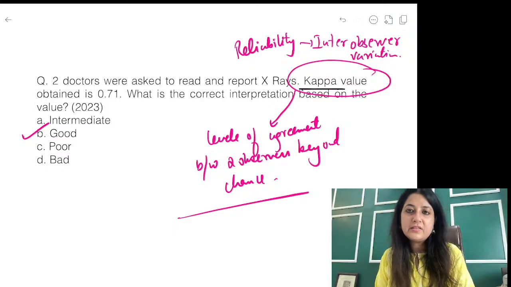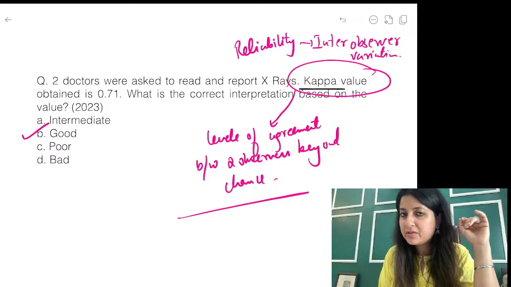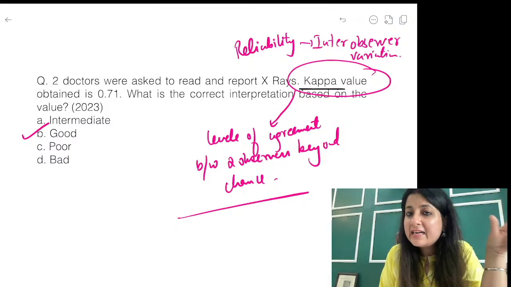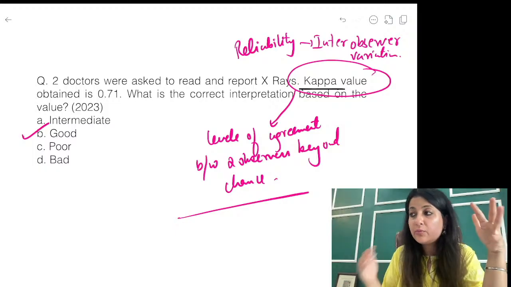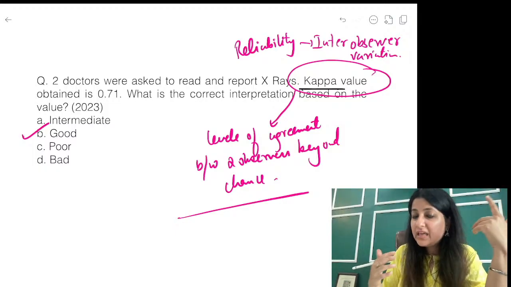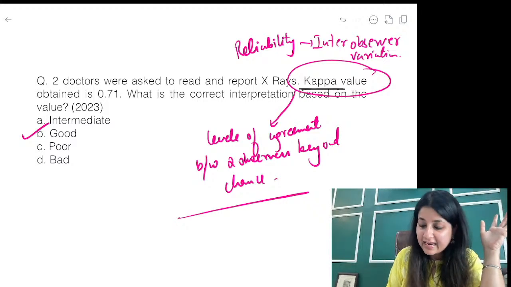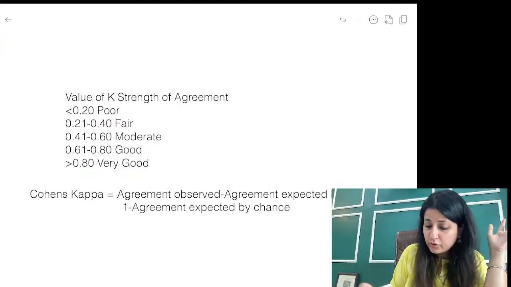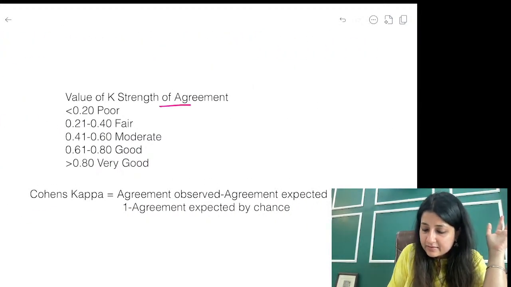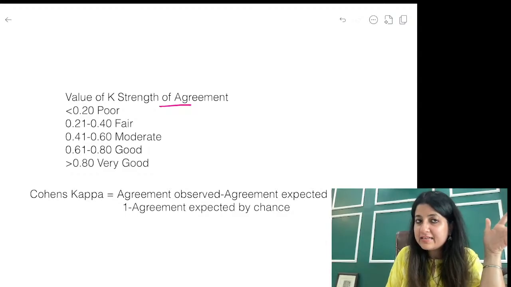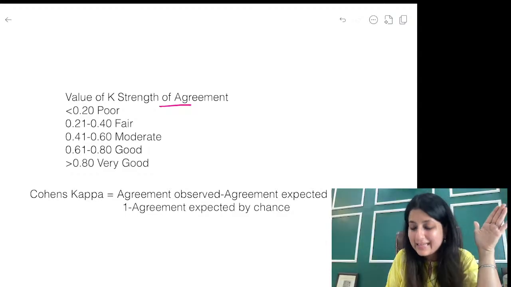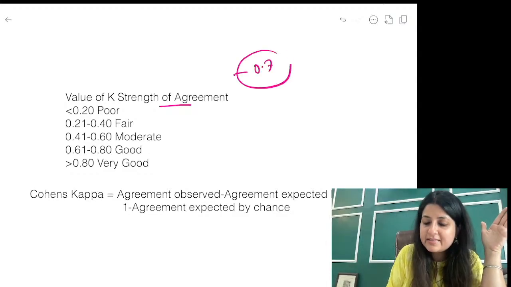Like I can say a person is anemic, the other one can also say a person is anemic. We might end up saying the same thing due to chance, but when we agree beyond chance, it is reliability, it is kappa statistics. And you should always remember that strength of agreement, kappa statistics के लिए we should at least have a value of 0.7.